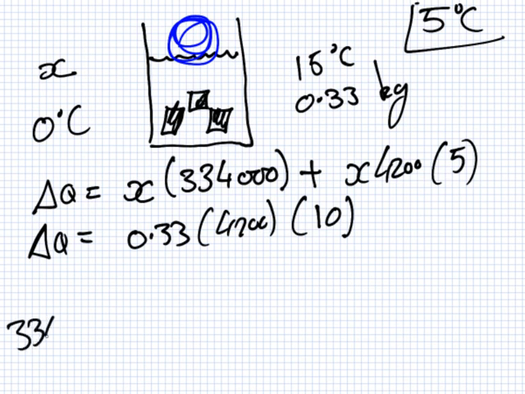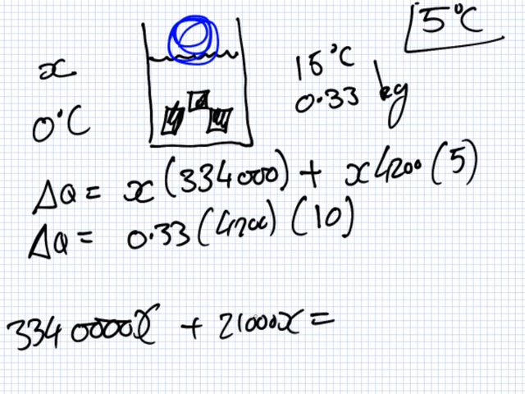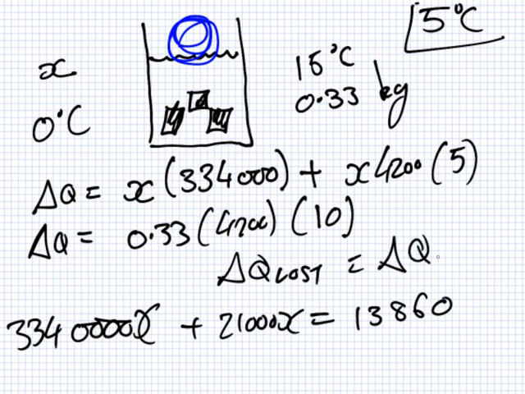So you have 334,000 x plus 4200 times 5 x, which is 21000x, equals 0.33 times 10 times 4200, which is 13860. The energy lost by the water must equal the energy gained by the ice, so you make this equation.